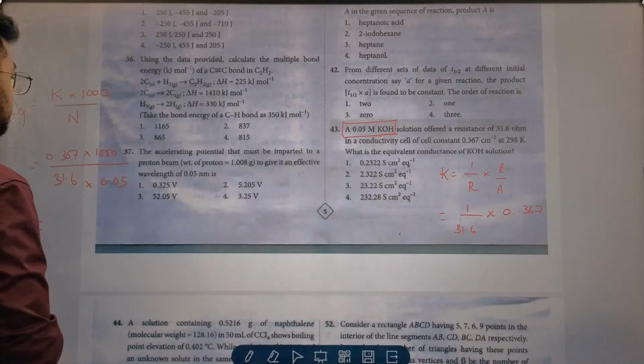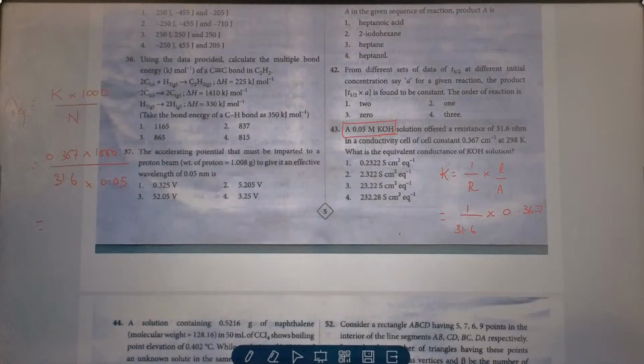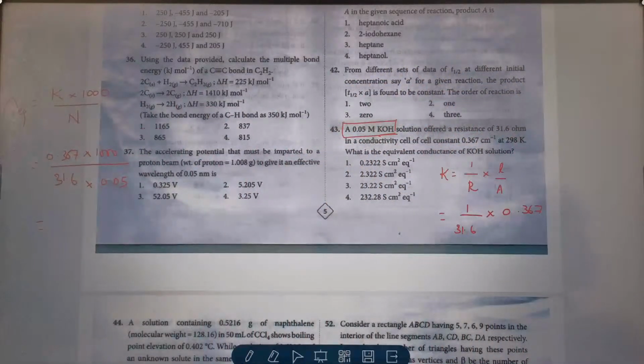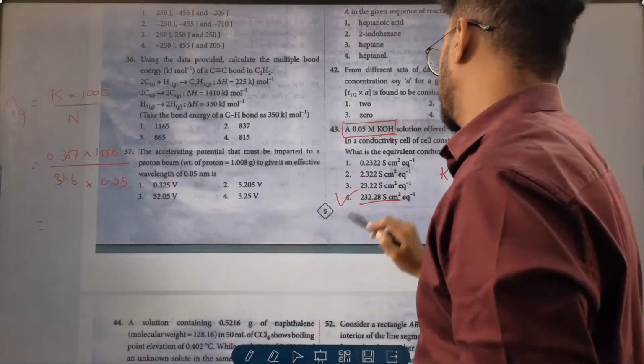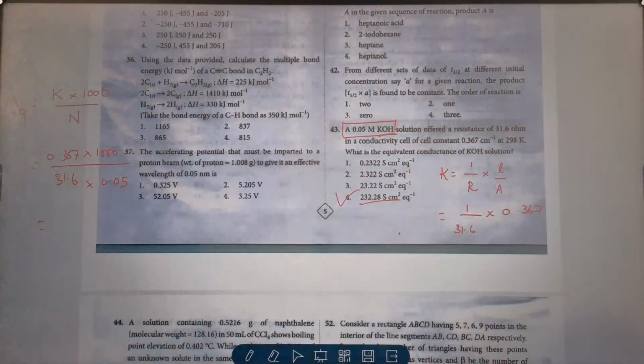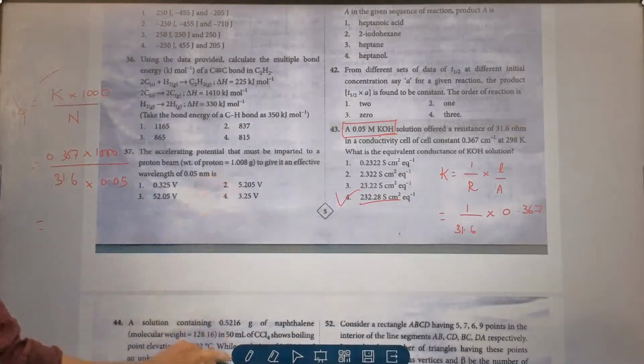On solving this, we'll get the fourth option, 232.28. So we are running out of time, so please do the calculation part yourself, but this is the answer.